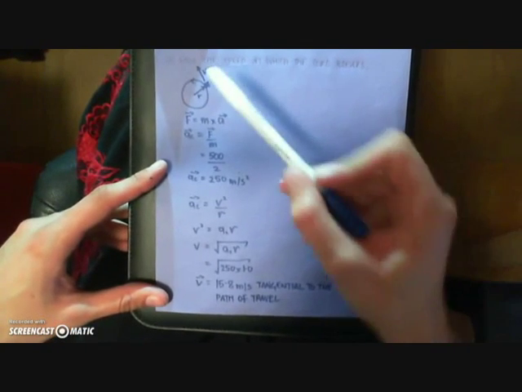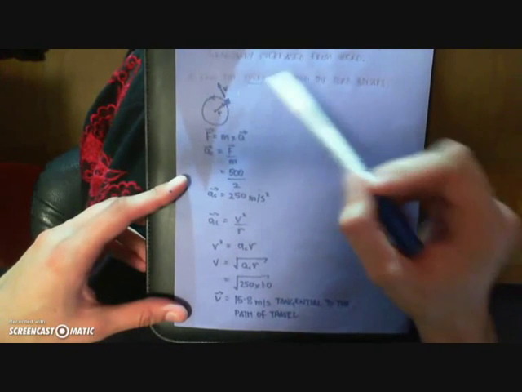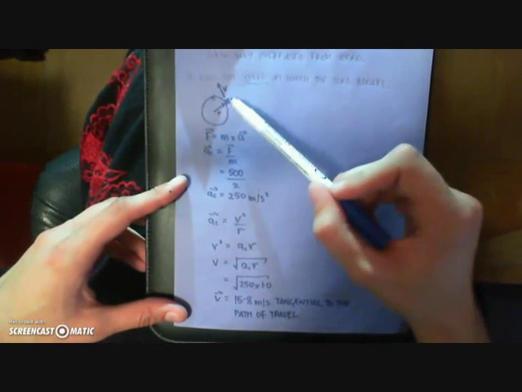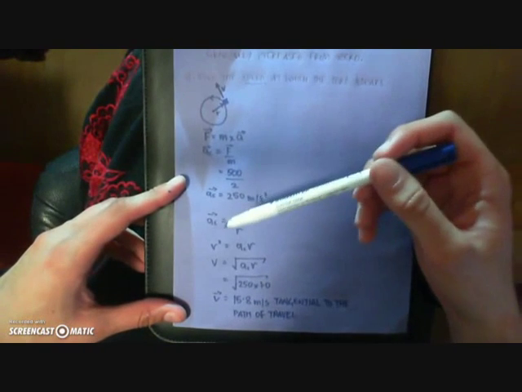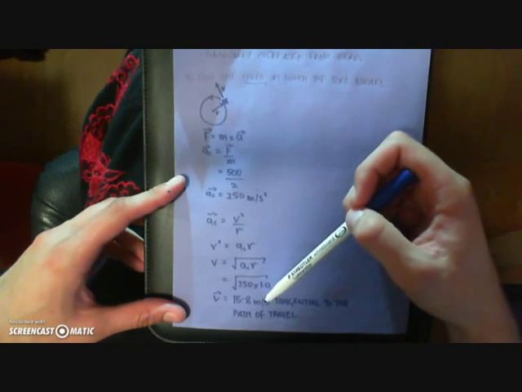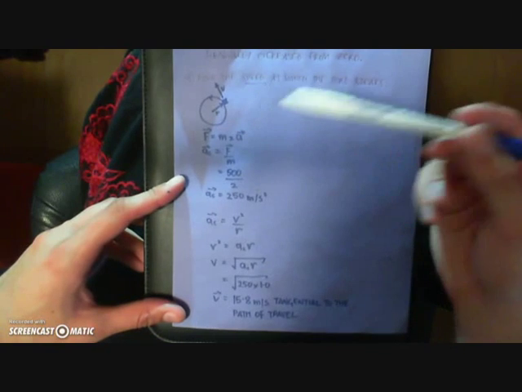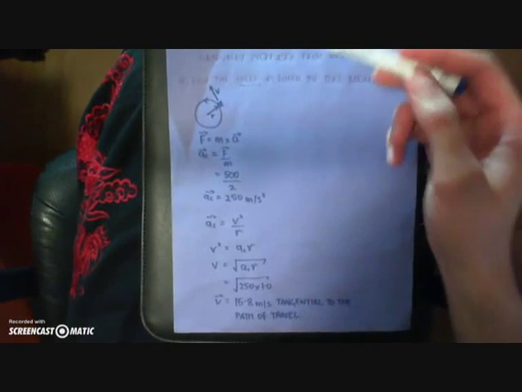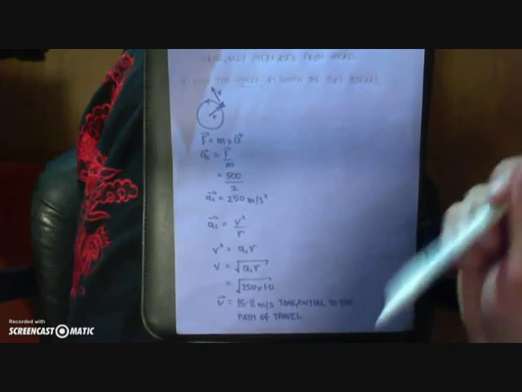So the rotation of the mass on the cord increases in speed until it reaches 15, where it's still not broken, and it keeps going a little bit faster, and at 15.8 meters per second, tangential to the path of travel, the cord breaks. The question is looking for the speed. We do know the direction of the velocity, so we can add that in as extra information.